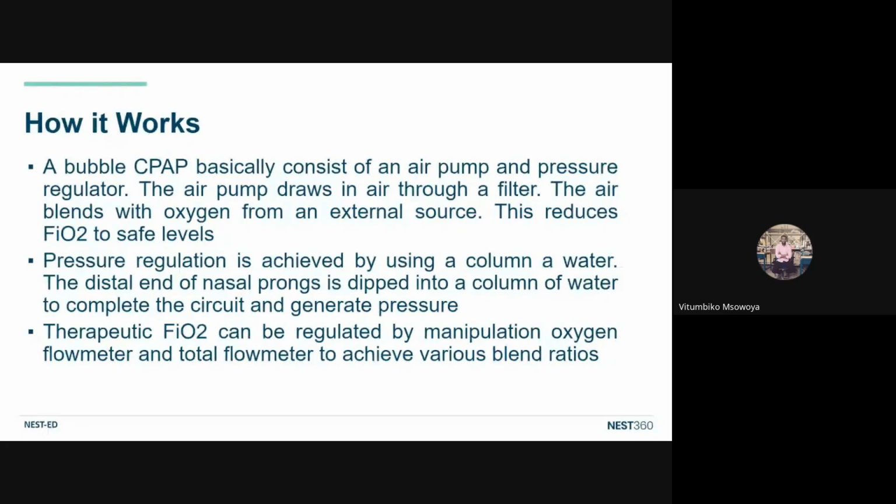The pressure regulation is normally achieved by using a column of water. The column of water can vary depending on the condition, clinical judgment, that is. The distal end of a nozzle prong is dipped into the column of water to complete a circuit and generate pressure. This therapeutic FiO2 can be regulated by manipulating the flow rates. So we have two flow meters, an oxygen flow meter and a total flow meter, to achieve these blending ratios.